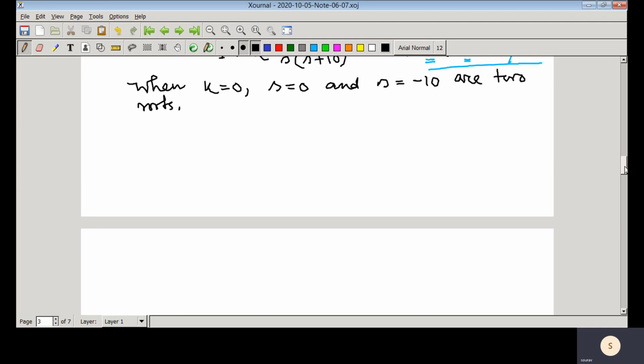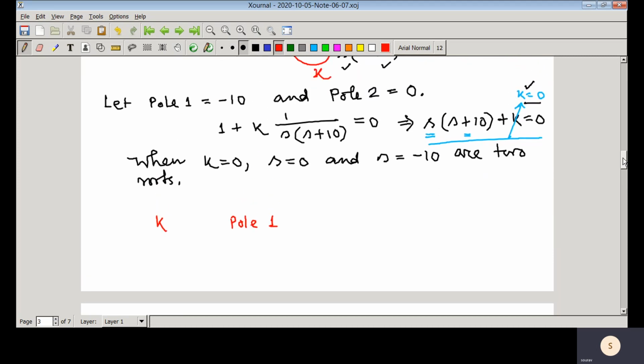So let us make a table here, and from there we'll be drawing that root locus. Let us make three columns here, that is k, pole 1, and pole 2. Here we have seen that pole 1 is minus 10 and pole 2 is 0.